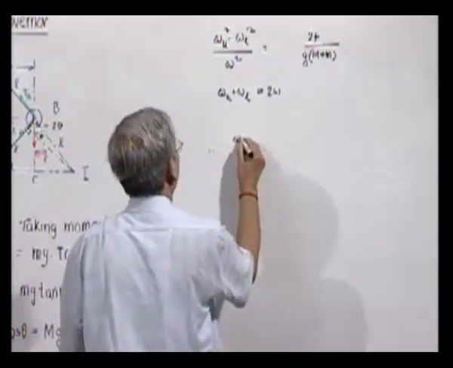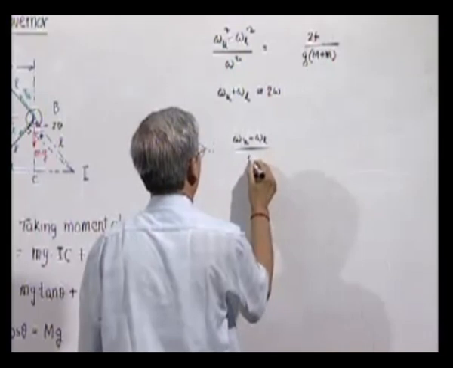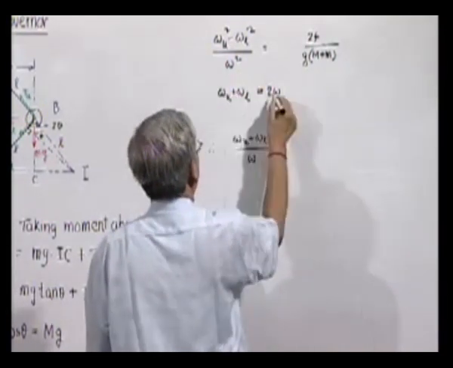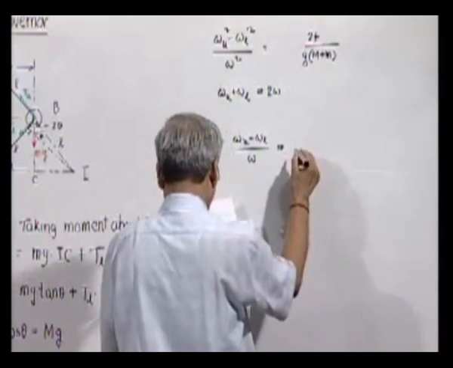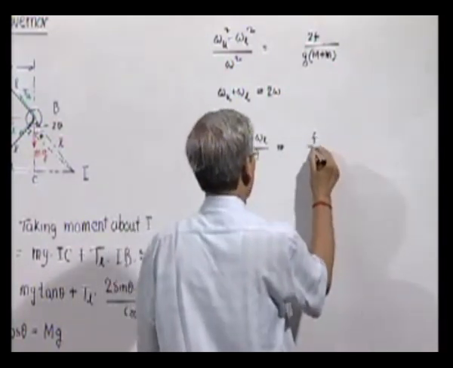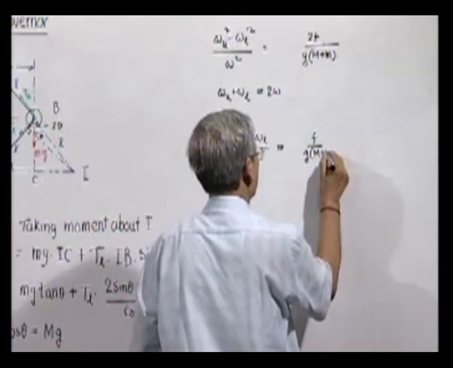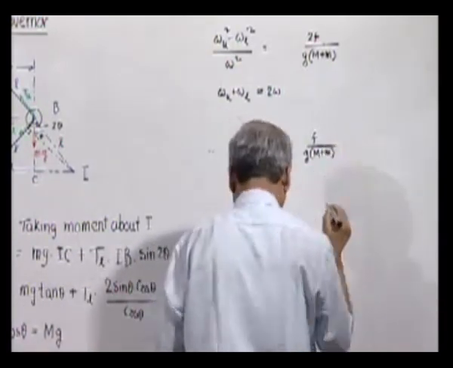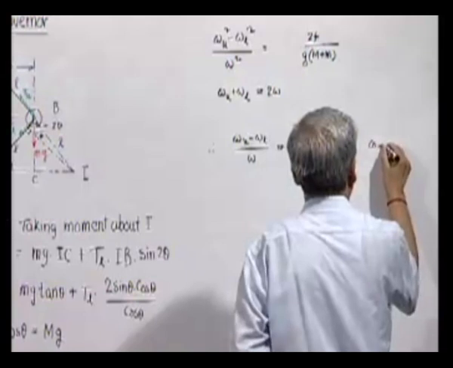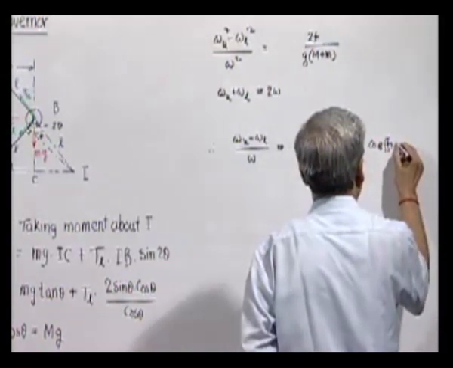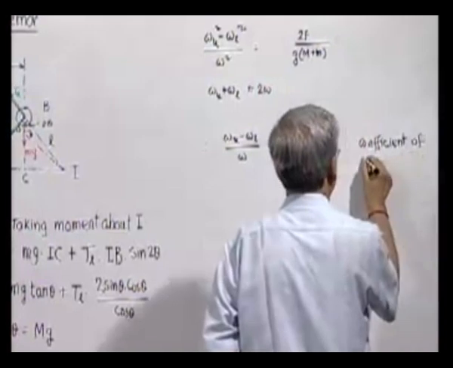So, omega u minus omega L by omega, if you use this, will be approximately equal to f by, and this is called the coefficient of insensitivity.